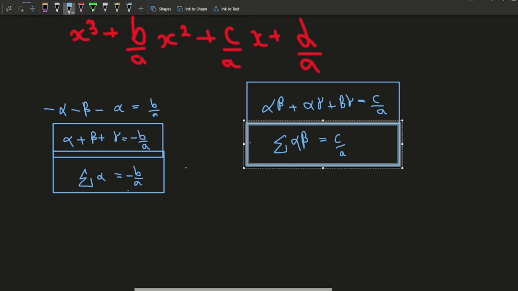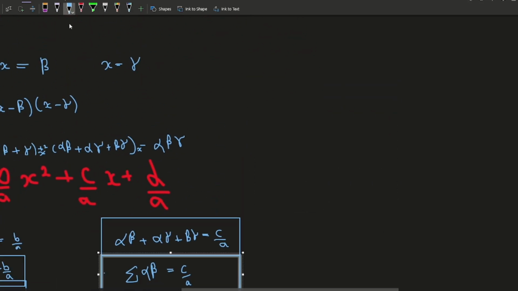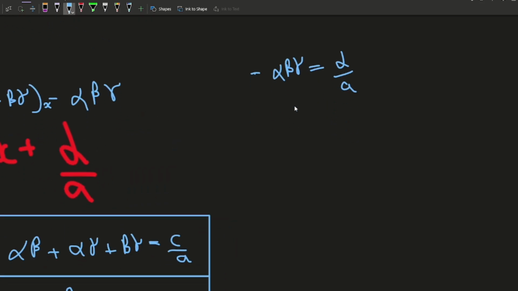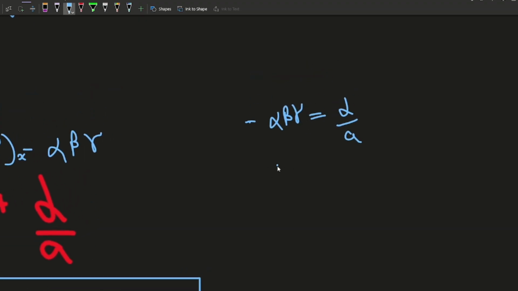Now for the third one, minus alpha beta gamma is equal to d over a. Let's make the product positive. So alpha beta gamma is equal to minus d over a.